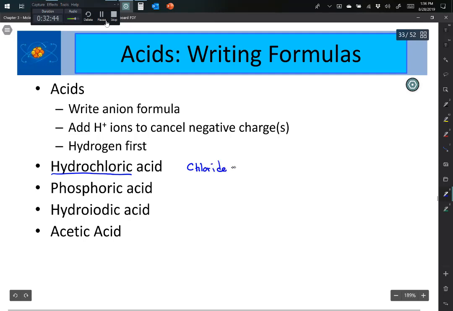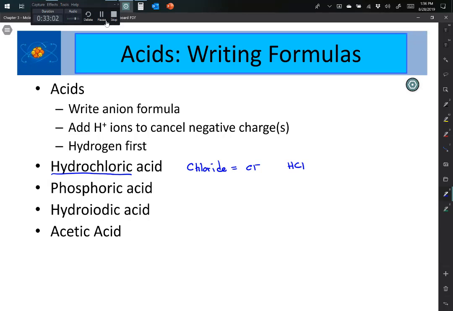The formula for chloride is Cl minus. Then you add one hydrogen, because hydrogen ions have a plus one charge, one hydrogen ion for every negative charge. So this becomes HCl. For sulfide, you would add two hydrogens, because it's a two negative charge. That's where we get H2S.